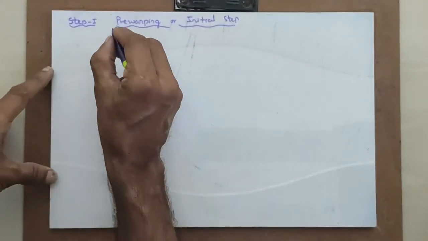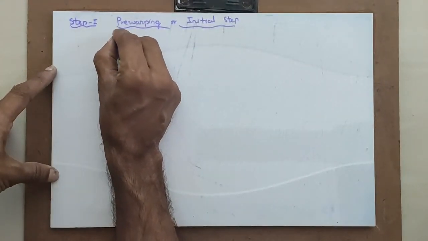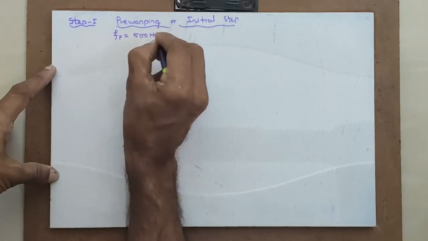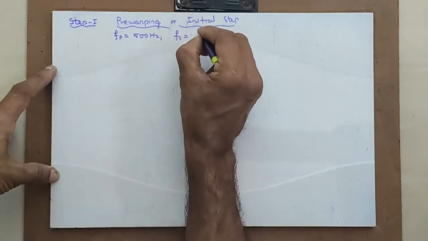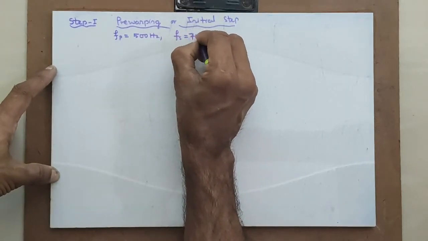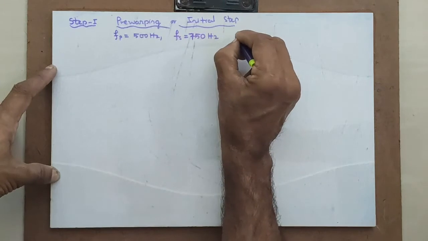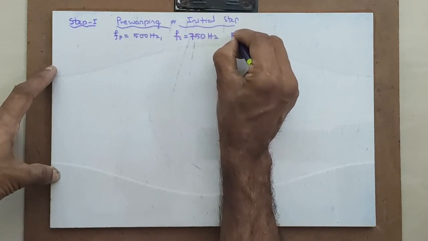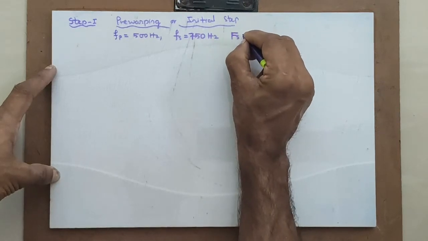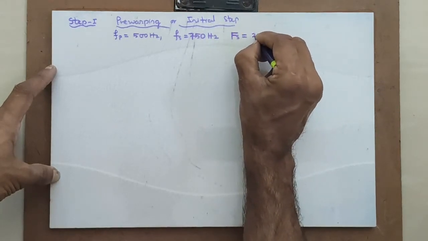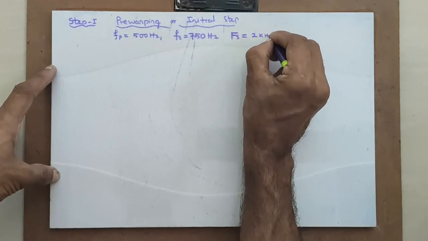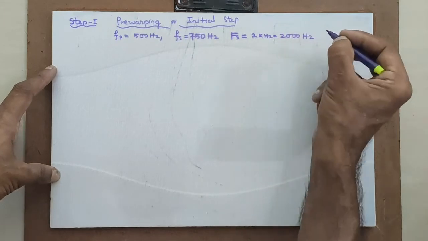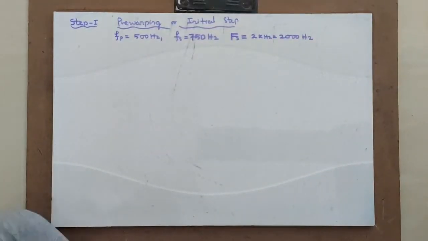Please note that we are given the following: F passband edge 500 Hz, F stopband edge 750 Hz, sampling frequency Fs, which I have written in capital, is equal to 2 kilohertz or 2000 Hertz. That is the data which is given to us.